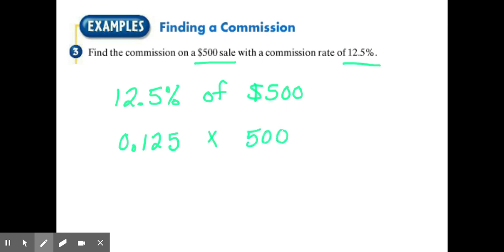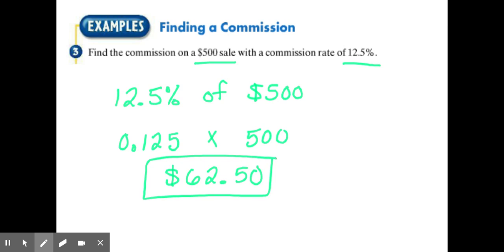So if we multiply that, he gets to keep $62.50. It doesn't seem like an awful lot of money, but if you make a lot of sales, the more sales you make, the more money you get to keep. Which leads us right into example 4.